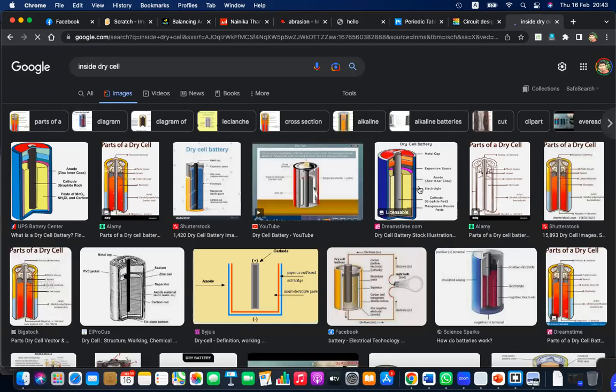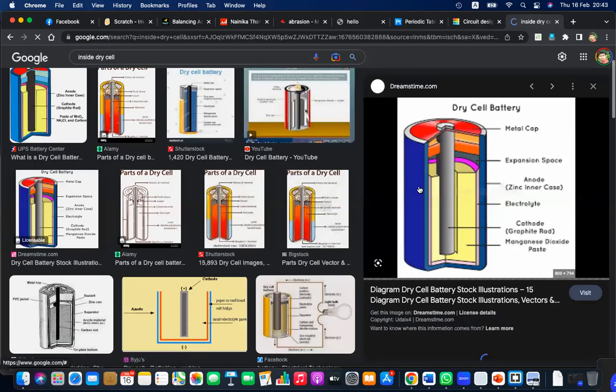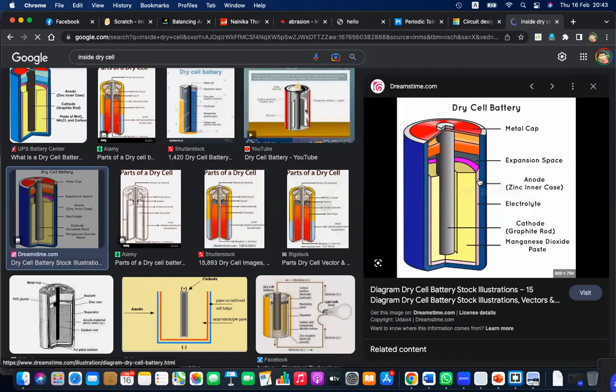Here. You can name this because it is not there in your book. First, this metal cap, which is a protection, and the casing, and then inside that there is a zinc that is working as the anode, and then the cathode is a graphite or carbon rod.